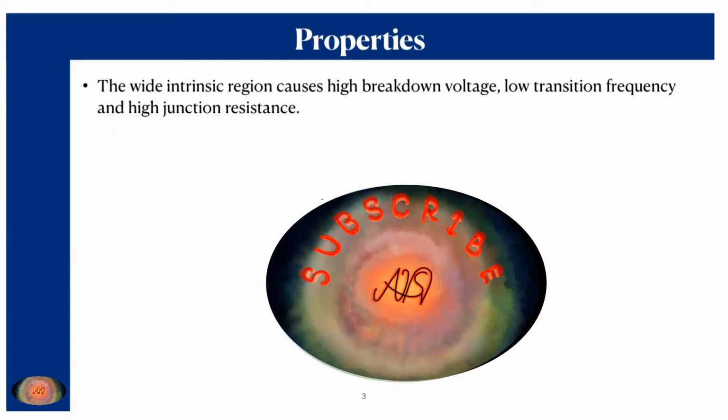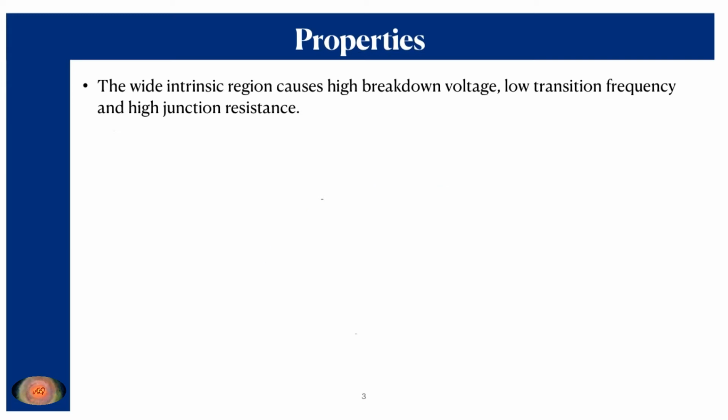But the wider intrinsic region also causes the low transition frequency, because the carrier needs longer time to transit from one junction to the other junction. In addition, we have already seen that the wider intrinsic region increases the resistance, and the resistance is a variable one.